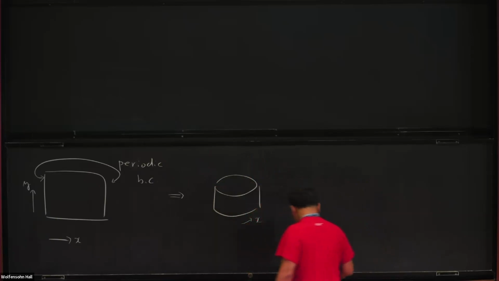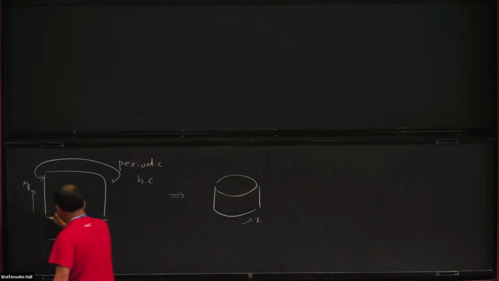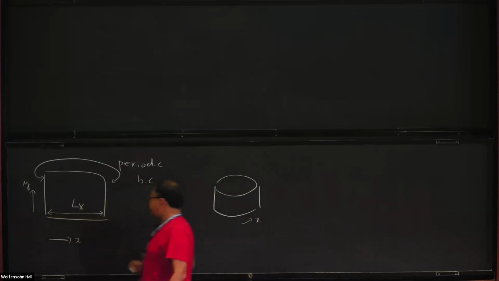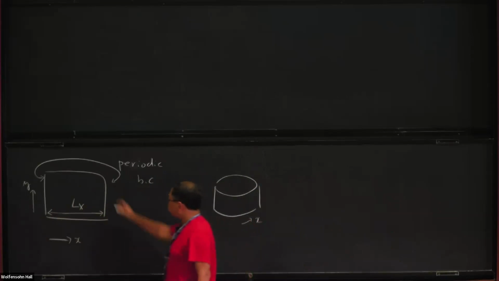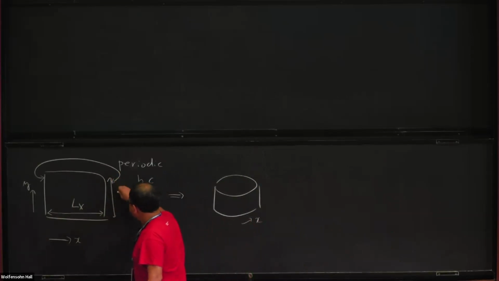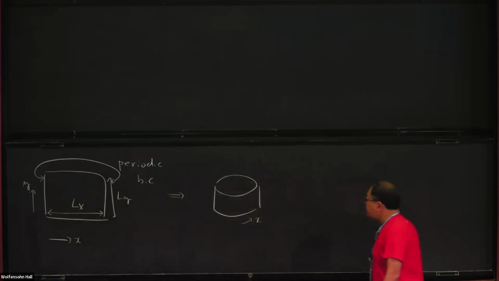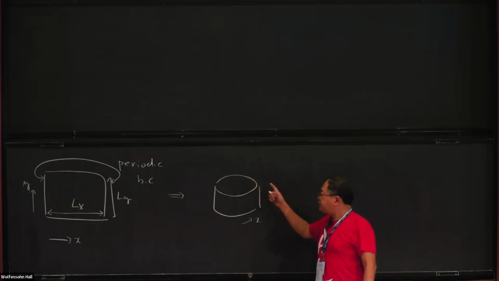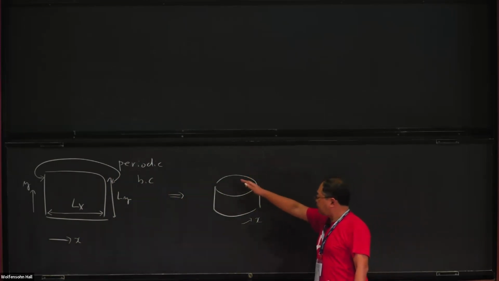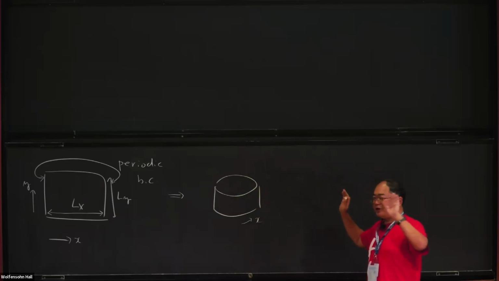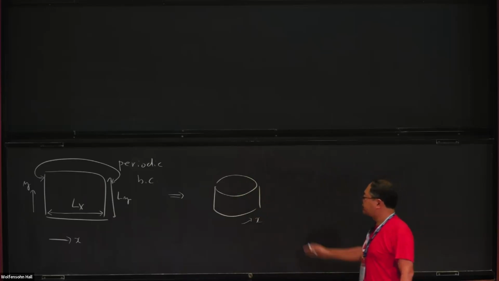Let's say the length of the system is Lx in the x direction, Ly in the y direction. Once you impose a periodic boundary condition, then you can identify the system as a ring or torus or annulus embedded in higher dimensions.